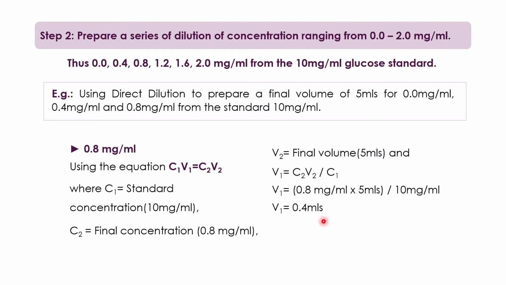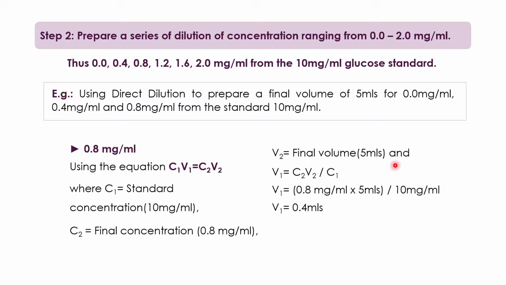The next concentration that we are going to prepare is 0.8 milligrams per ml. Also we will use the equation C1V1 equals C2V2, where C1 is the standard concentration of the glucose, C2 is our final concentration, which is 0.8 milligrams per ml over here.